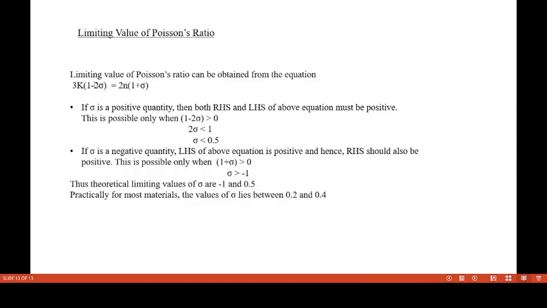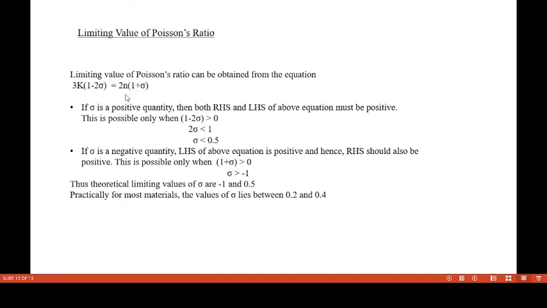Now if sigma is a positive quantity, the RHS should be positive.